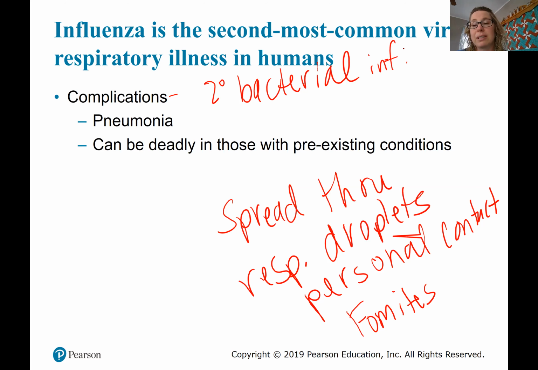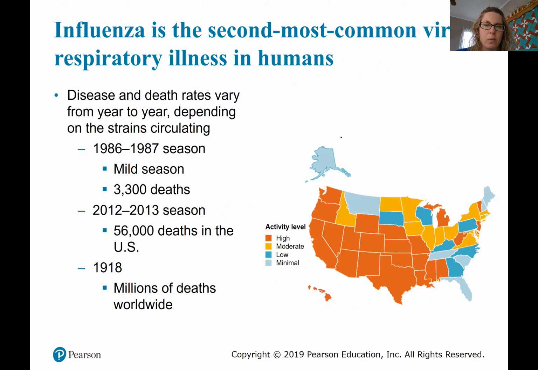Plus, the virus is damaging those ciliated cells that it's attacking, so it gives a great opportunity for bacteria to come in and cause a secondary infection. A lot of times that secondary infection will appear as pneumonia, and people that die from influenza usually end up dying from pneumonia. Okay. And again, we talked about those with pre-existing conditions or weakened immune systems.